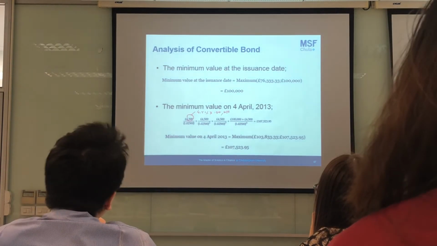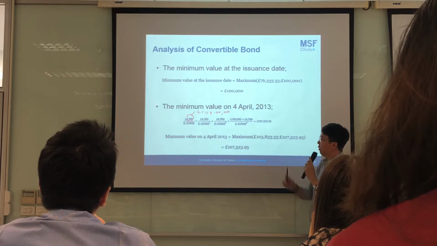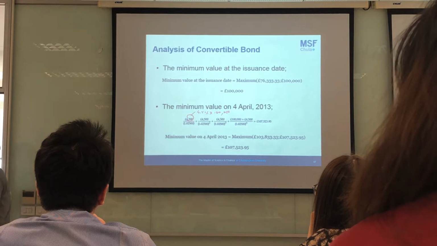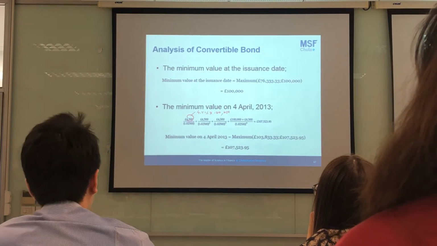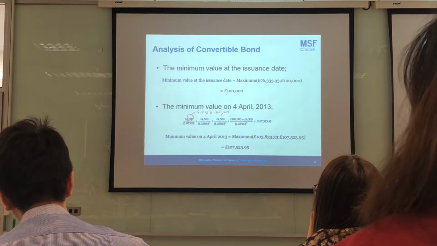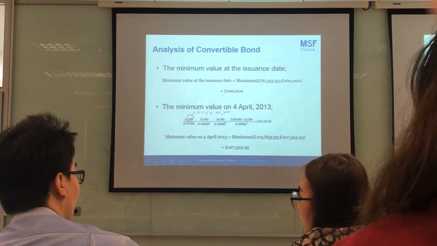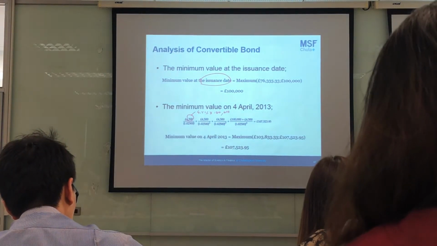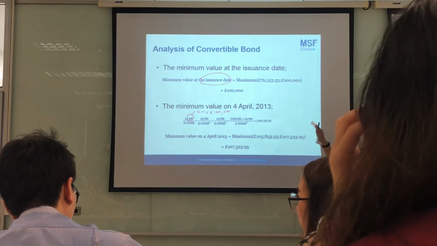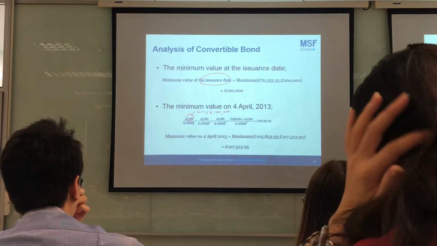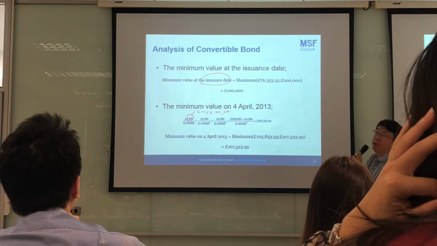Also, you know the value of the straight bond on both dates. So the minimum value of the bond at time zero, at the issue date, should be the maximum between the conversion value, 76,000, and the straight bond, 100,000.